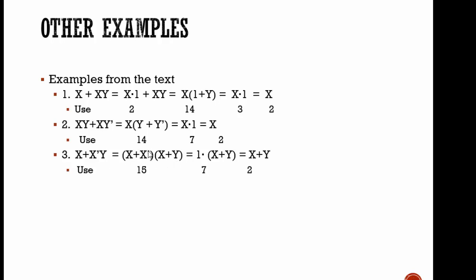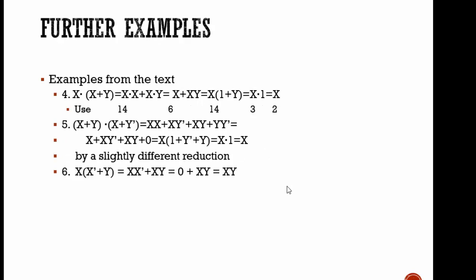With this we can simplify because x or x prime, not x, is always equal to 1, so this is 1, and then x or y. Then, by identity number 2, any variable that you AND with 1 will be itself. That's why you have x or y.